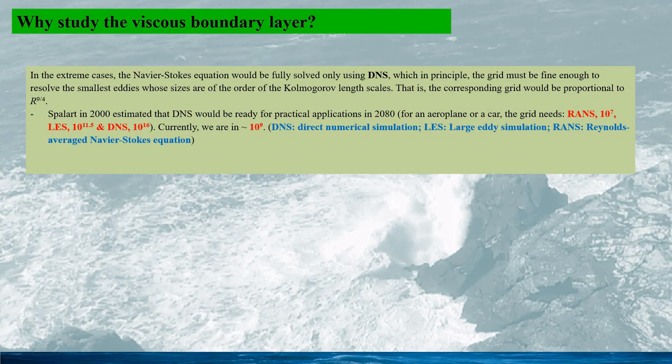The grid needed for LES is 10 to the power of 11.5, and for DNS, it is 10 to the power of 16. Currently, we are pretty much at 10 to the power of 9.